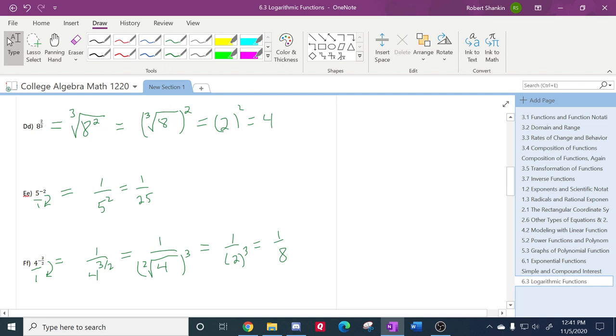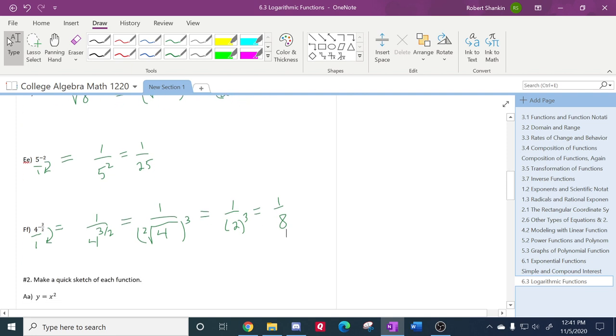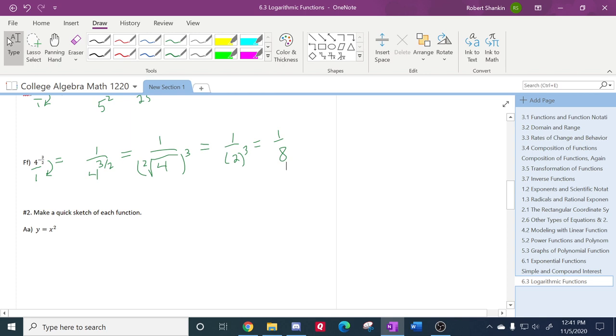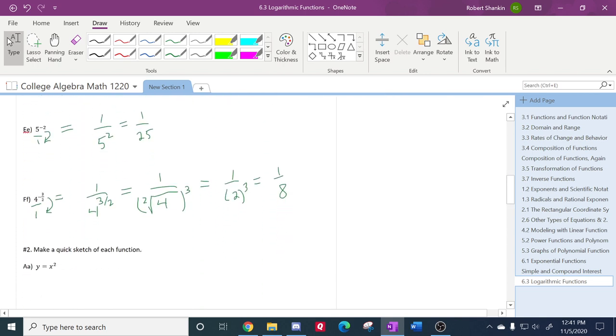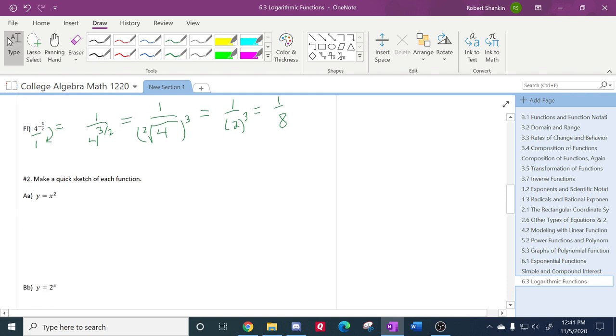Okay. So if it was 5 to the second, it would be multiplying by 5 2 times. 5 to the negative 2, we discussed last time, we can think of it as dividing by 5 2 times. It's the same as multiplying by 1/25. Alright, this all is a foundation that we need for these.